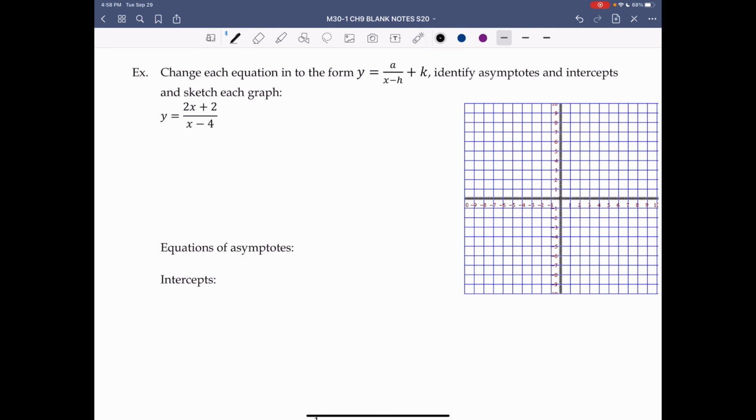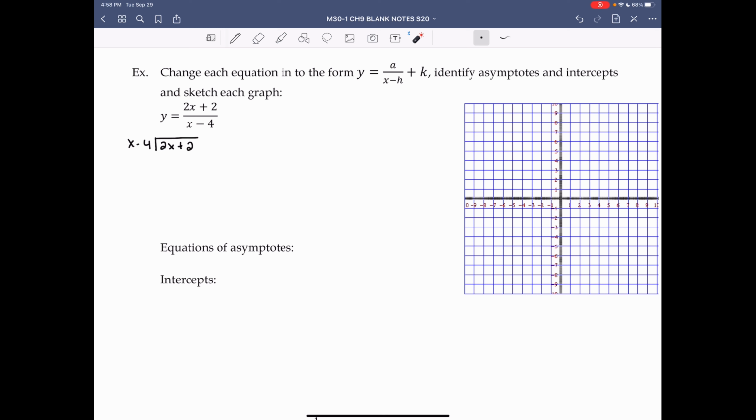We're going to take x minus 4 and we are dividing 2x plus 2 by x minus 4. So this is how we set up our long division. It kind of looks like a square root sign, but it's not a square root sign. We want to know what we would have to multiply this variable by to get the first term underneath the division sign.